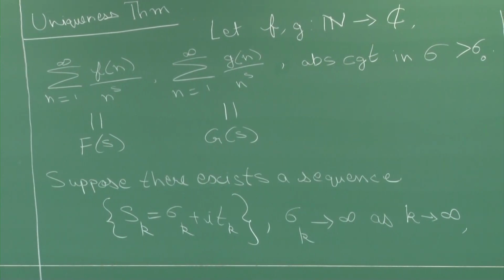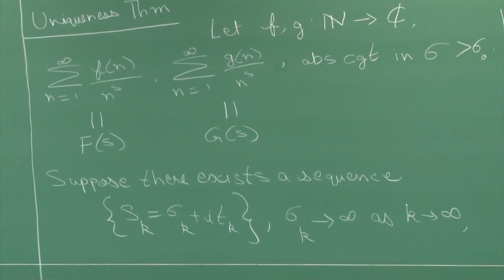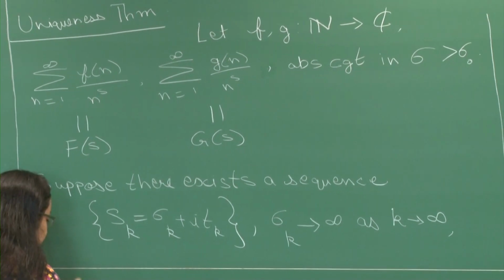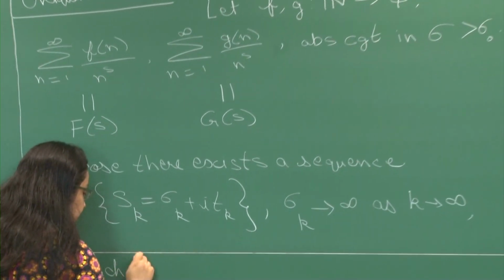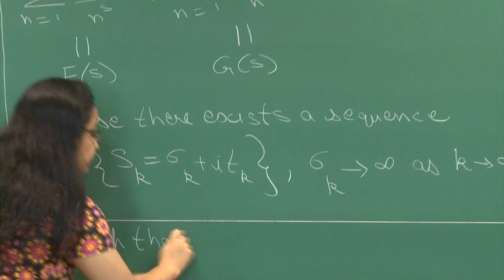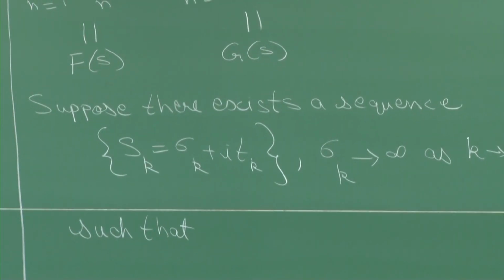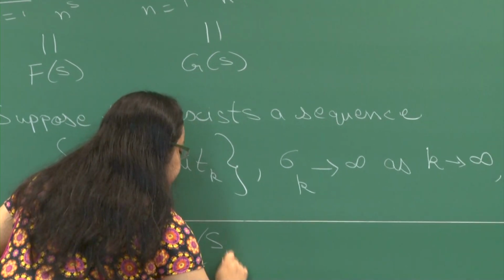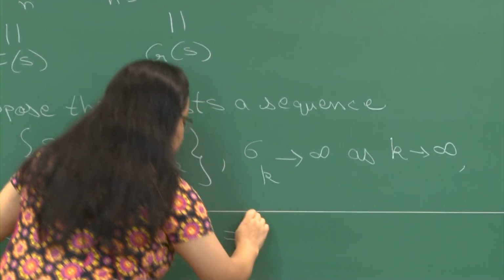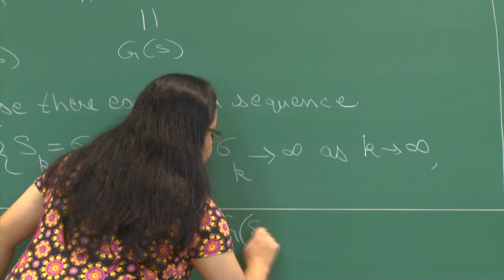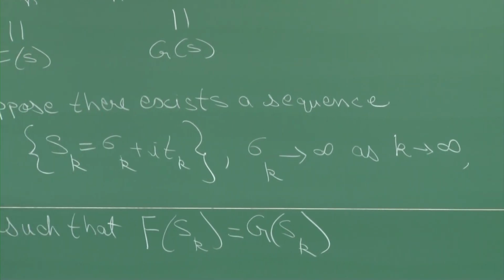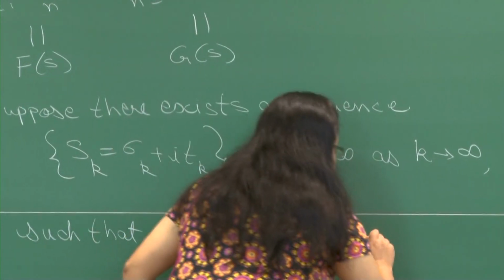So, suppose we have a sequence of complex numbers where the real parts are going to infinity, such that in the sequence the values of F and G match. So, capital F of s sub k is equal to capital G of s sub k, for every element in the sequence.